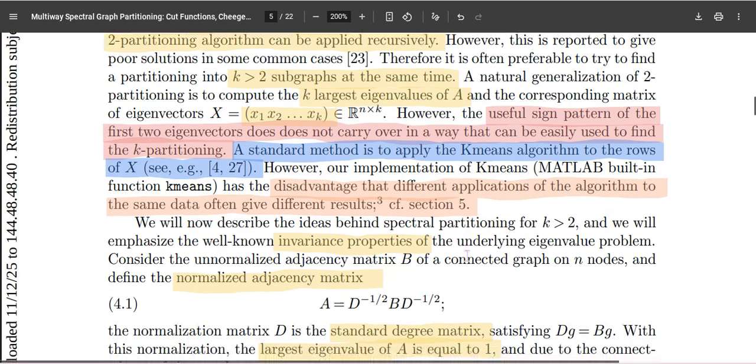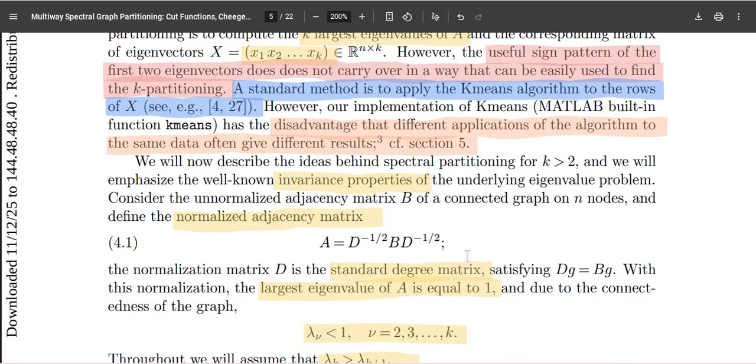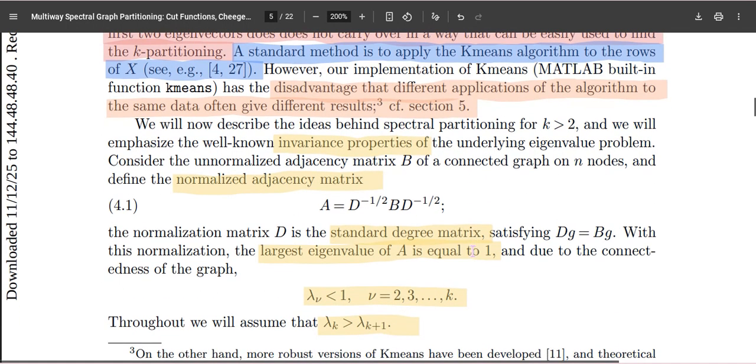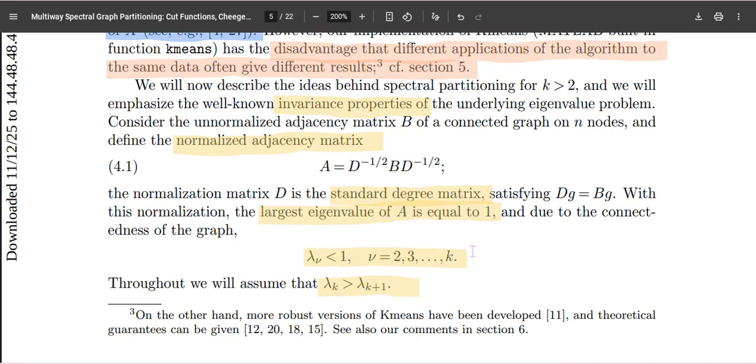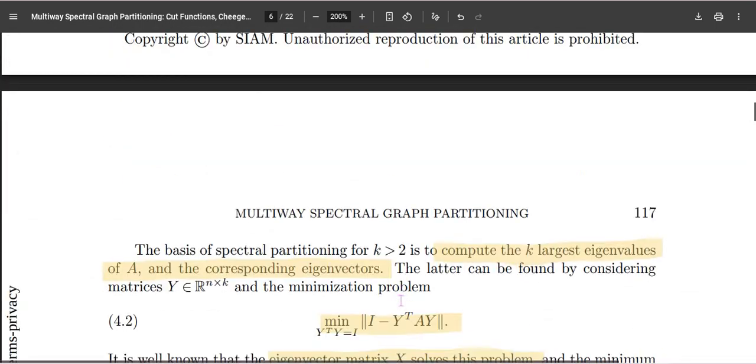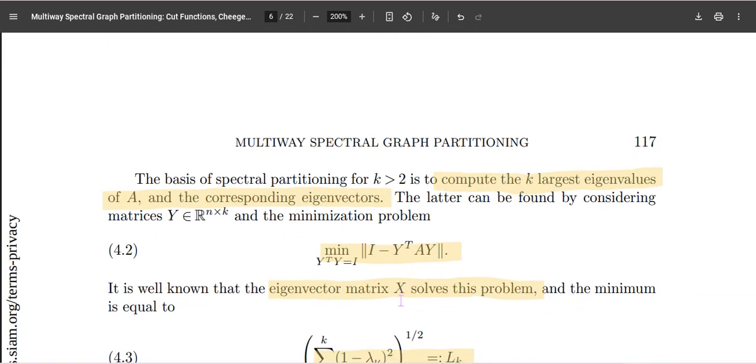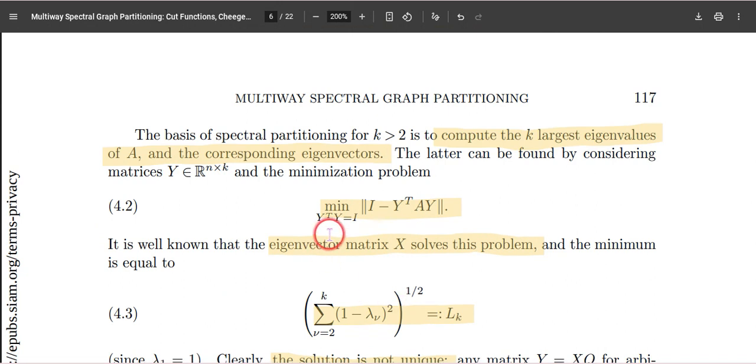So the third possibility is the one we are going to define now. We formulate a normalized adjacency matrix and its corresponding eigenvalues, and we define that the eigenvalues are ordered in such a way that lambda k is greater than or equal to lambda k plus 1, and we try to find a minimization problem in 4.2.